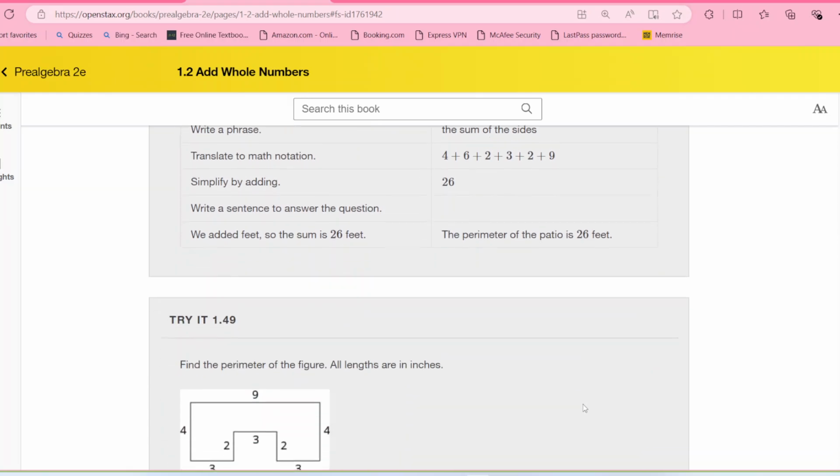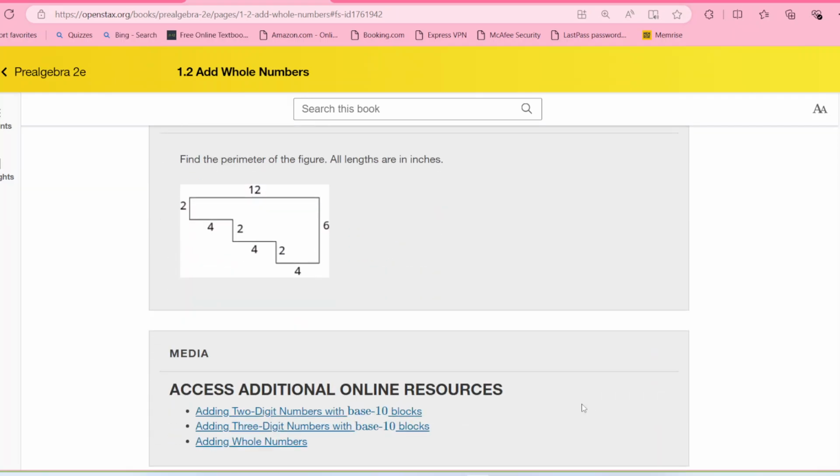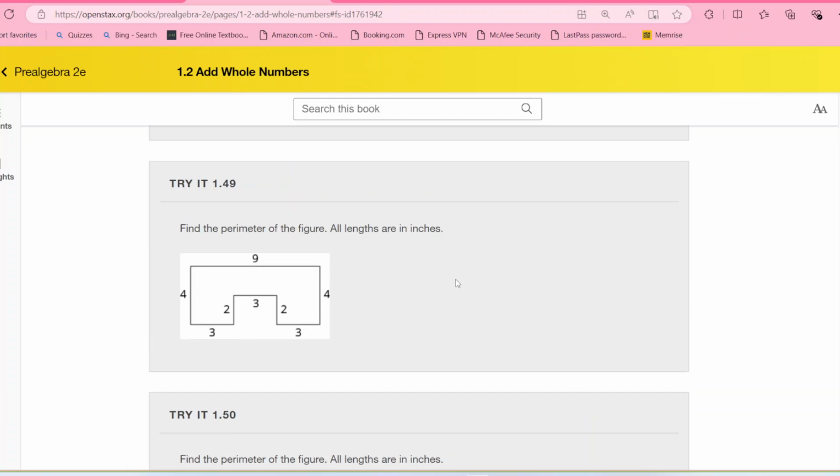All right, and some very similar problems after this, a couple more try its, where we're asked for perimeter. All right, so try it 1.49. Once again, we're asked to find the perimeter of the following figure. So we're given this shape with all these numbers all around it for the lengths of the sides.